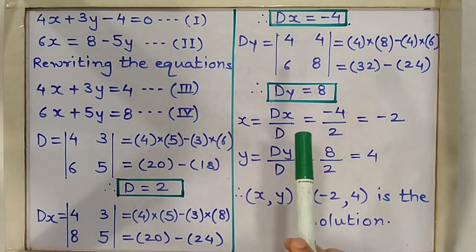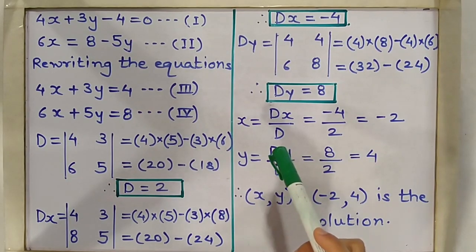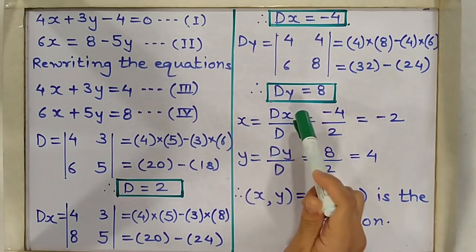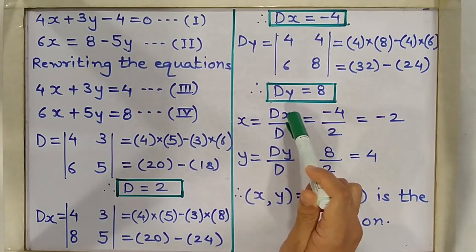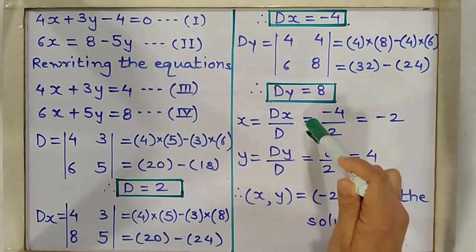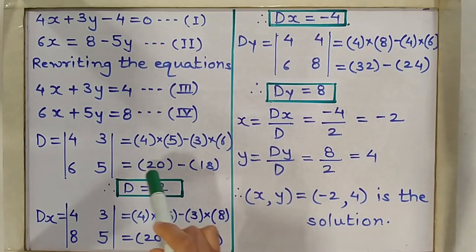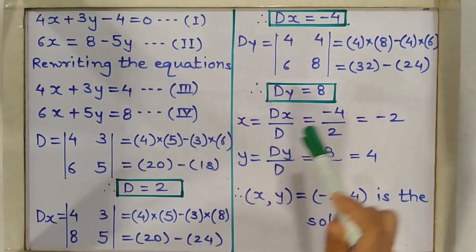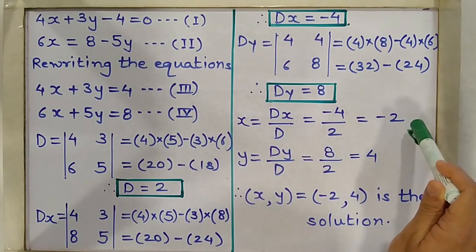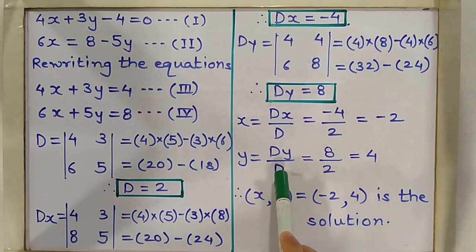But the sum is not going to end over here. We are supposed to find the values of x and y. So x is equal to dx upon d. Value of dx is minus 4 upon value of d is 2, which will give you minus 2. y is equal to dy upon d.